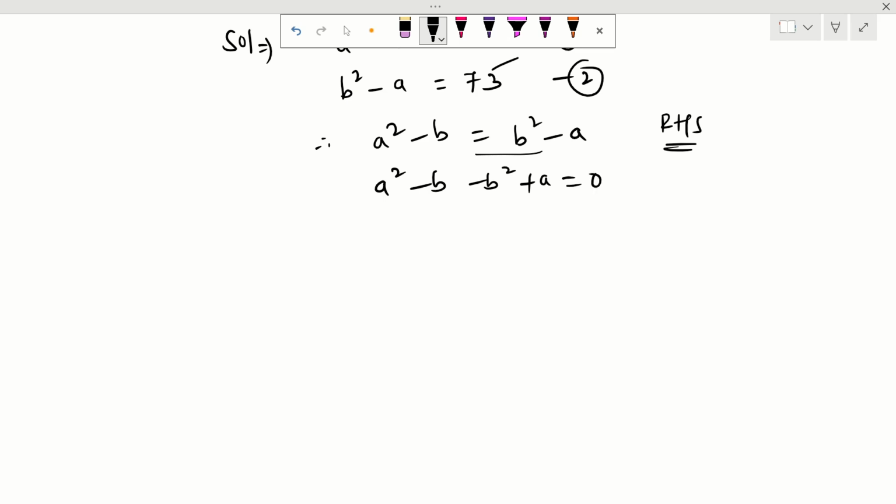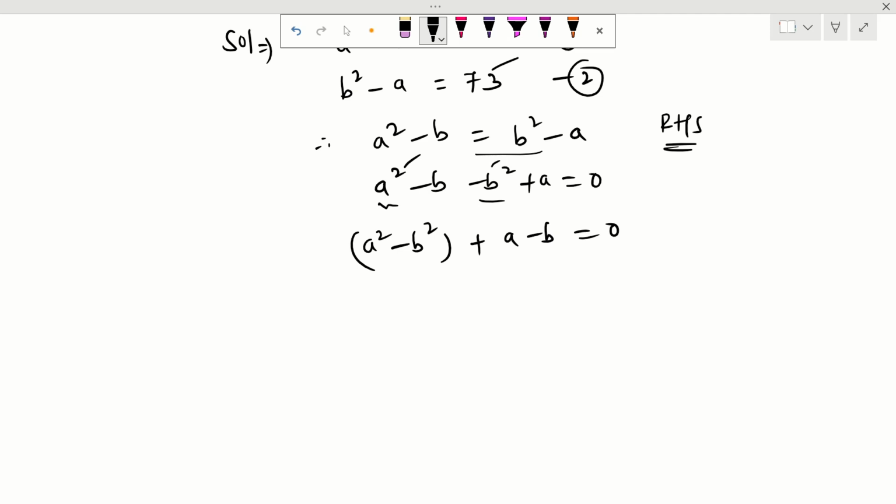Now the A square term I will take one side, so it will be A square minus B square, then plus A minus B equal to 0. A square minus B square I am writing one side, and A minus B I am writing this side.